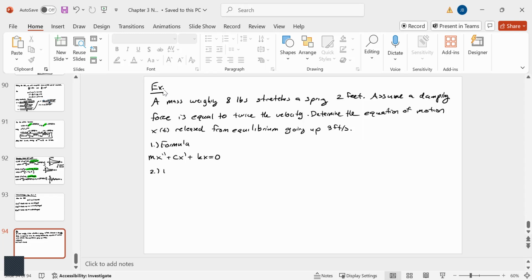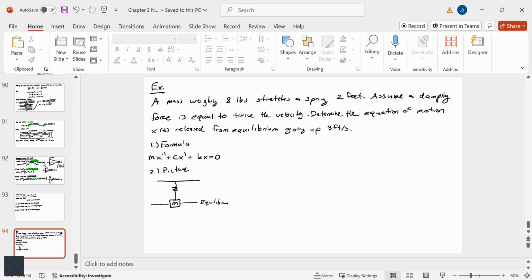Step 2, let's draw a picture, just so I know what this whole thing is saying. So mass, spring, okay? It's telling me, hey, this mass, we didn't stretch it, right? This right here is equilibrium. So I didn't stretch it below or above. It's just at equilibrium.